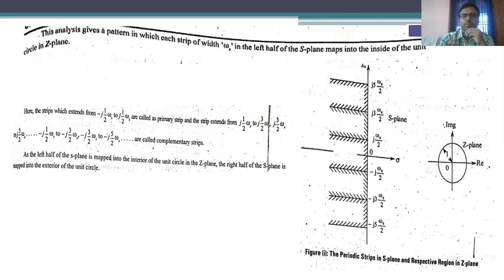So here, this particular portion which we have discussed earlier, that is the portion from minus j omega s divided by 2 to j omega s divided by 2, is called the primary strip, and the strips extended from omega s divided by 2 to 3 by 2 j omega s, and also 3 by 2 j omega s to 5 by 2 j omega s, and so on, are called the complementary strips.